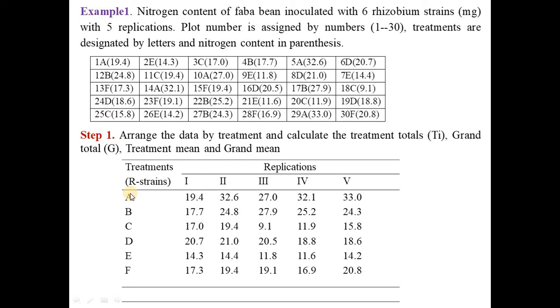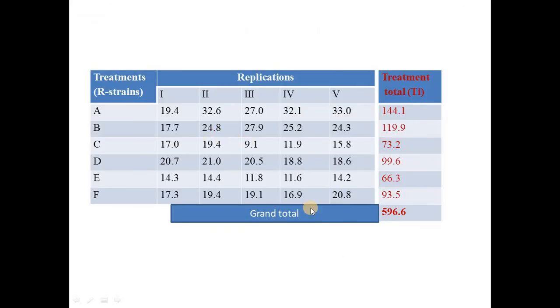All the other treatments should be arranged similarly to treatment A. The next step is calculating the treatment totals and the grand total. You have to sum up all the values from the first replication up to the fifth replication, and you will get the value 144.1 for this treatment total. For the second treatment, similarly, when we sum all these values replication-wise, we will have 119.9.